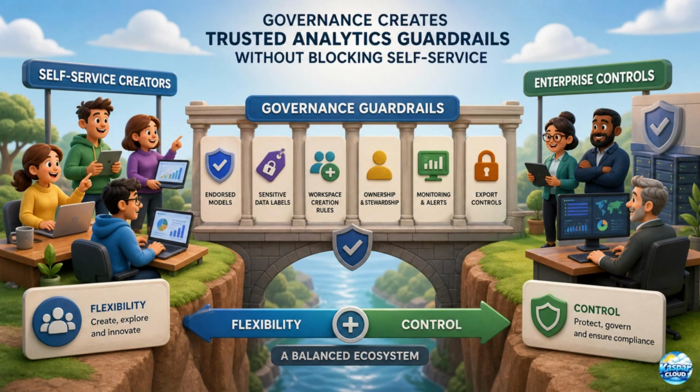Governance becomes increasingly important as Power BI and Microsoft Fabric adoption grows across an organization. Without effective governance, environments can become fragmented with duplicate reports, conflicting business metrics, unmanaged exports, unclear ownership, inconsistent naming standards, and weak security controls.